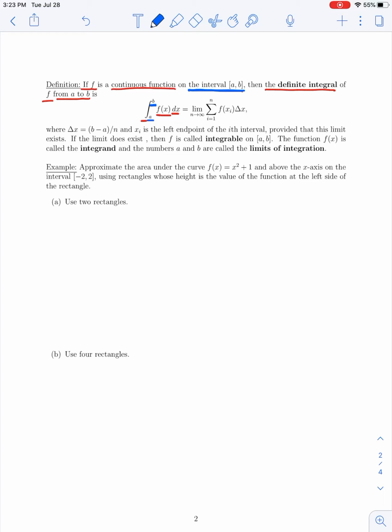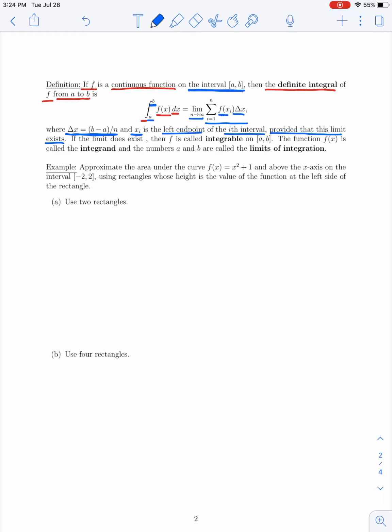And this is defined as that limiting value of our Riemann sum, where delta x is the length of one of my subintervals, b minus a over n, and x sub i, the value that I'm evaluating my function at, is the left endpoint of the ith interval, provided that this limit exists.